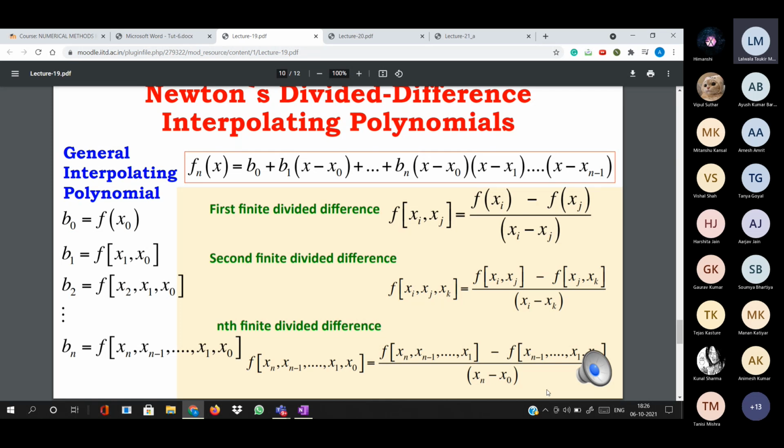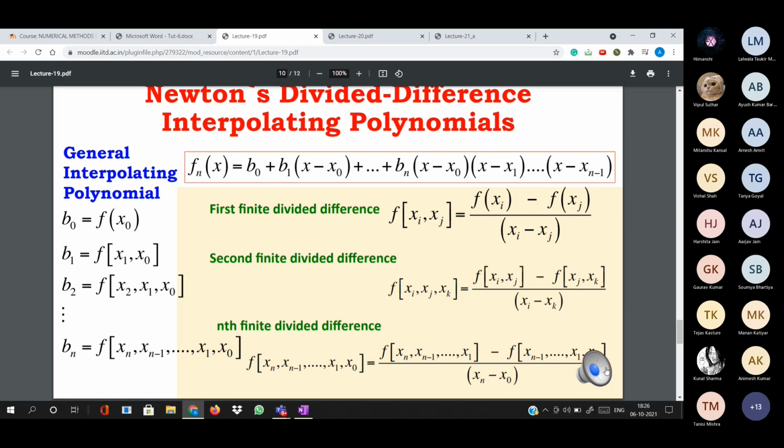Exactly, it's perfectly fine. So, as was said, put x equal to x0 here. You find b naught as f(x0), and so on for the values of the subsequent coefficients.